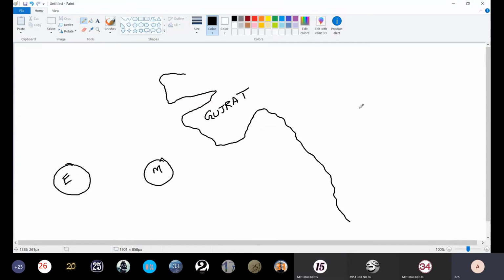So what I'm showing you here is your Gujarat and maybe Mumbai is somewhere here. So this area is Gulf of Khambat. And this area is Gulf of Kutch.